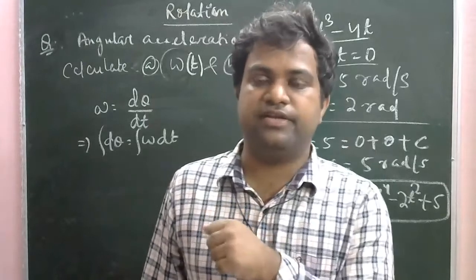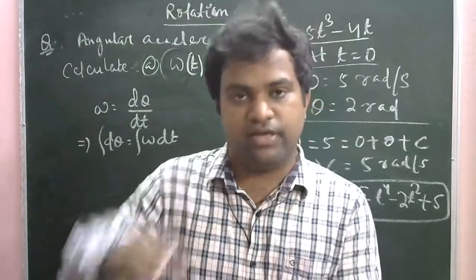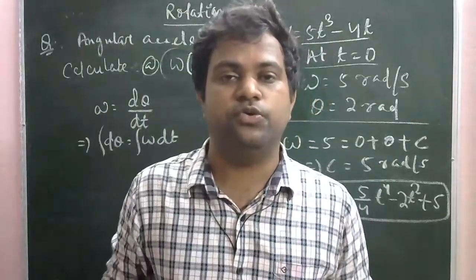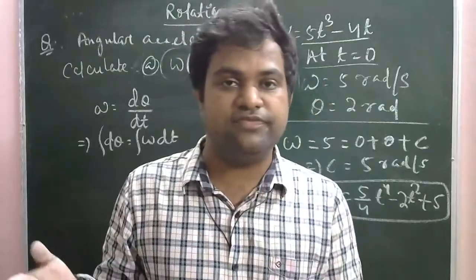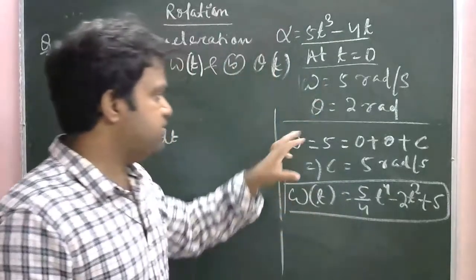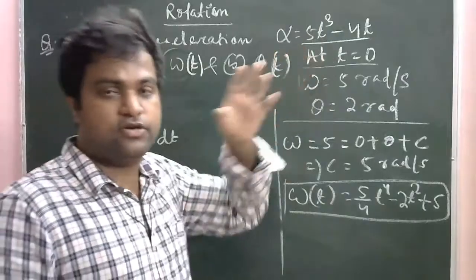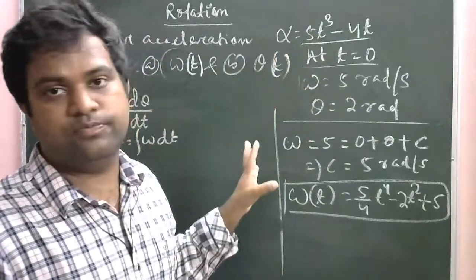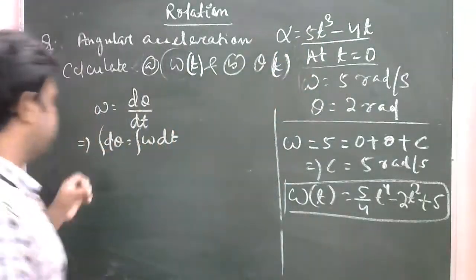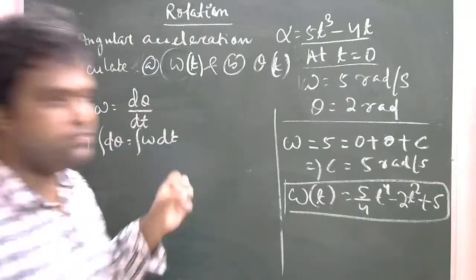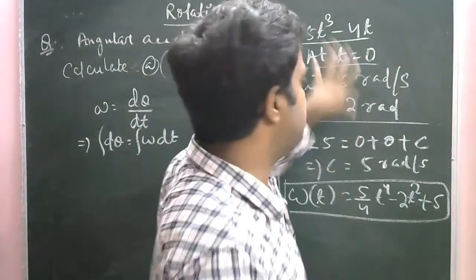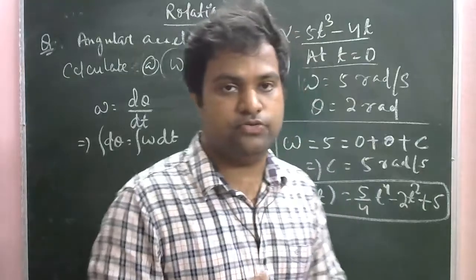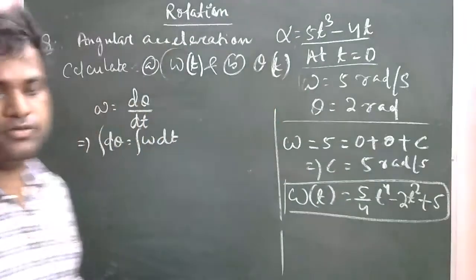That means the boundary is not known to us, the lower limit and upper limit are not known. If the boundary is given, then there is no need of these conditions, we will get a value. If the boundary is not given, then we have to use a c. To calculate this constant c, we have to use some conditions. It must be given to you, or a known condition.